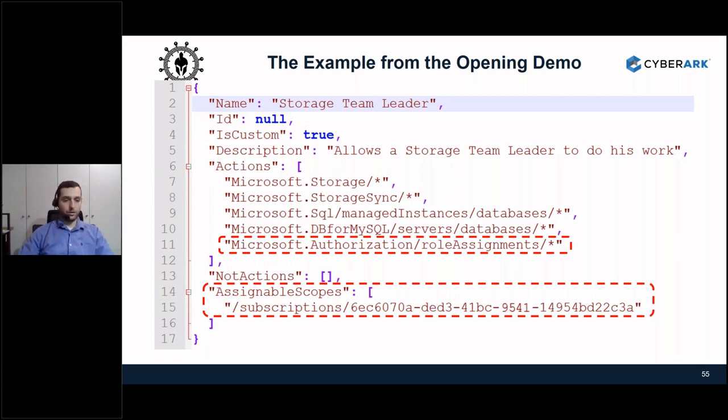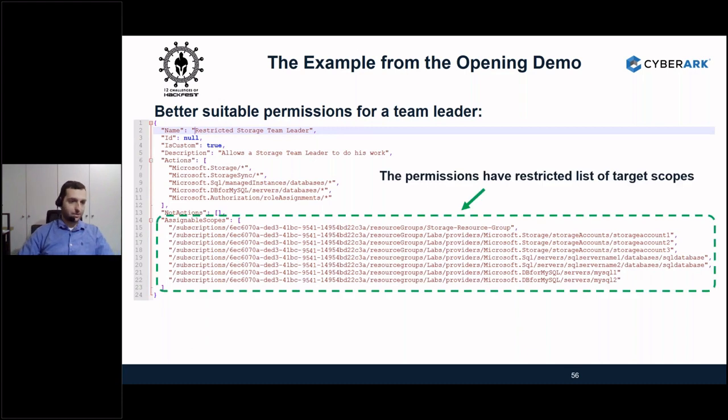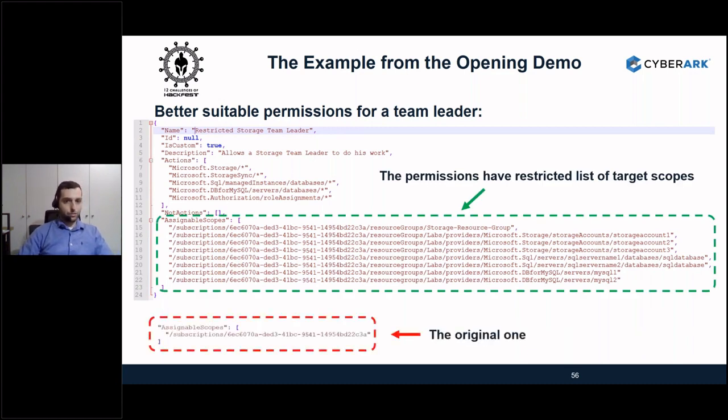We saw it in the demo. And this is how the permission of this storage team leader should have looked, with a specific and restricted list of target scopes. Again, in contrast to the original permitted scope of the entire subscription.